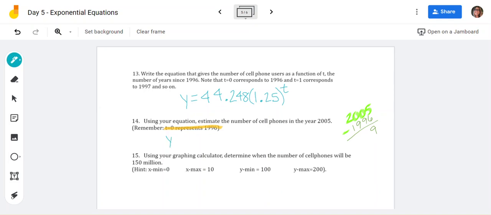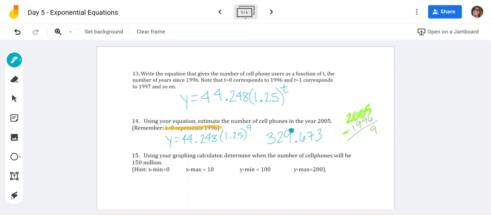So y equals 44.248 times 1.25 to the 9th power. Which gives us 329.673.